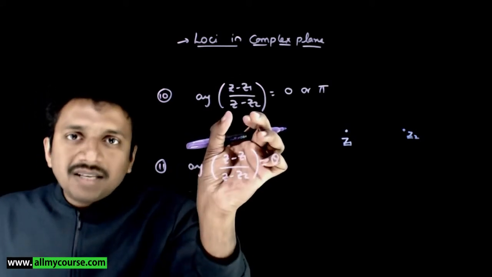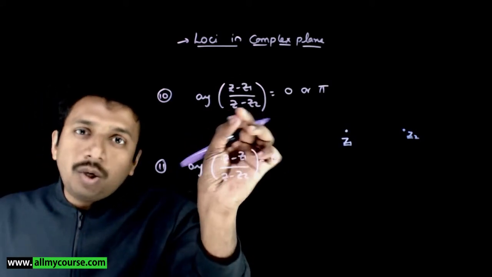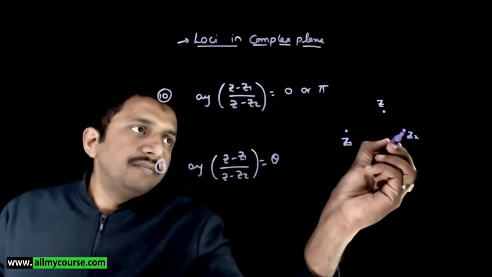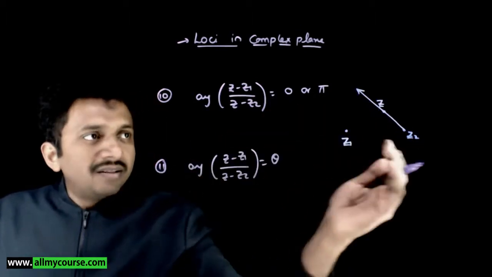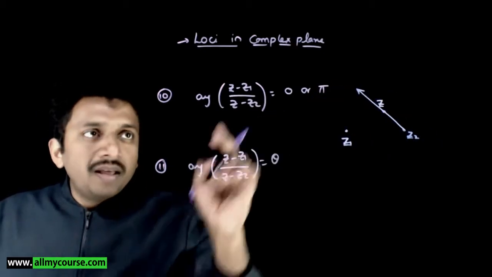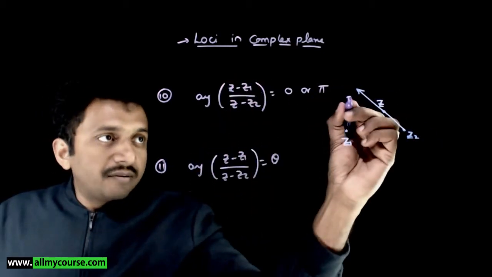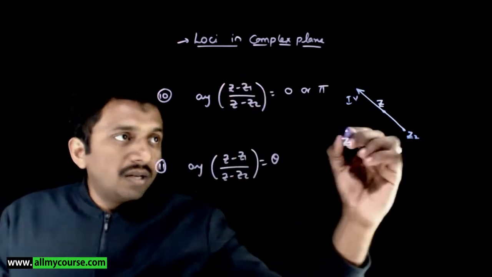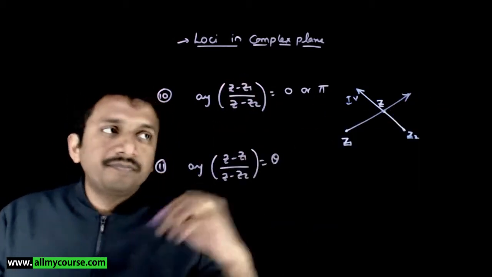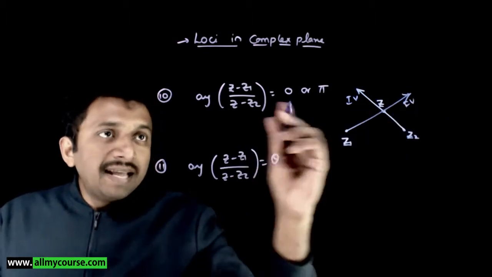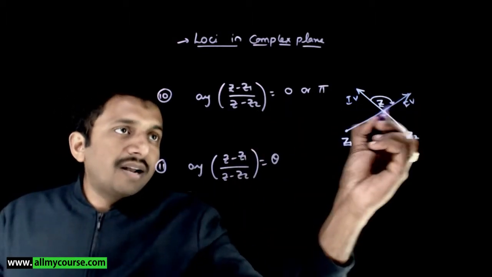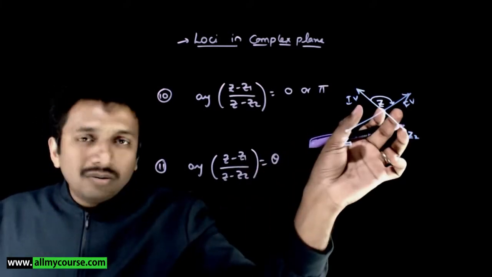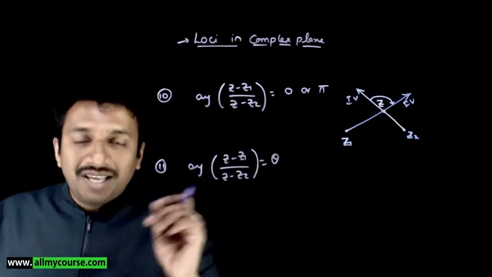Now z minus z2 is the vector joining z2 and z. If you have a z here, this complex number represents this vector, the initial vector, and the numerator, z minus z1, is the final vector. So the angle between the initial and final vector has to be equal to either 0 or pi. That means these two should be in the same direction or in the opposite direction.